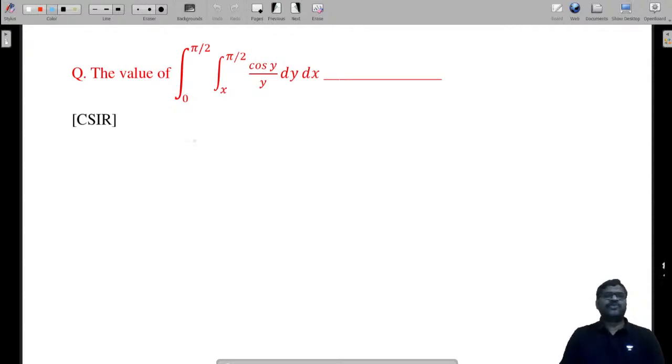Integral 0 to pi by 2, x to pi by 2, cos y by y dy dx. It is a problem on change the order of integration. First, identify the limits on the graph sheet. The line y equal to x, y equal to pi by 2, x equal to 0, x equal to pi by 2.